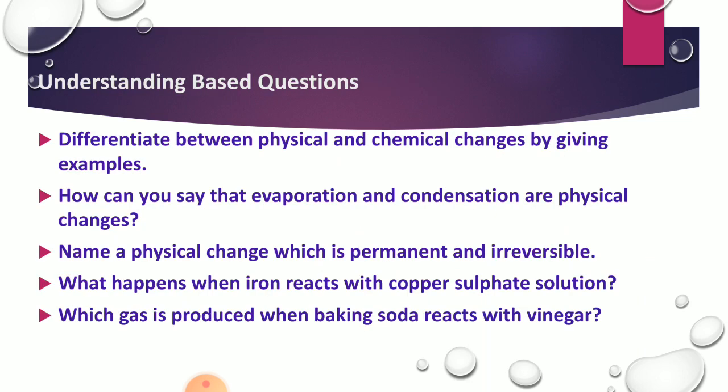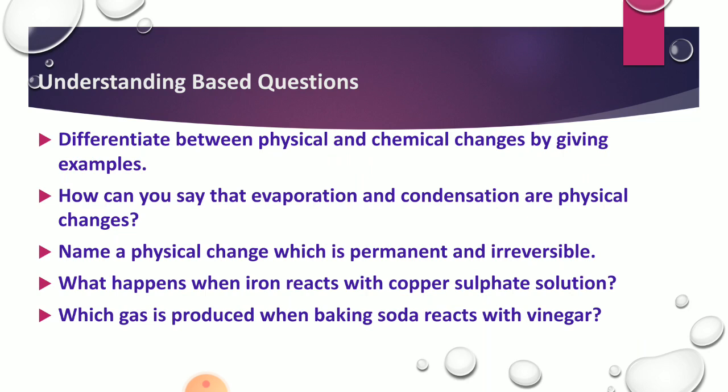Now some understanding based questions are there. First one is to differentiate between physical and chemical changes, that you can do. Now how can you say that evaporation and condensation are physical changes? All of you know why they are physical changes, because no new substances are formed.